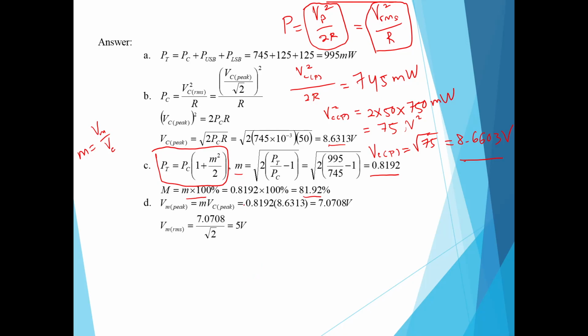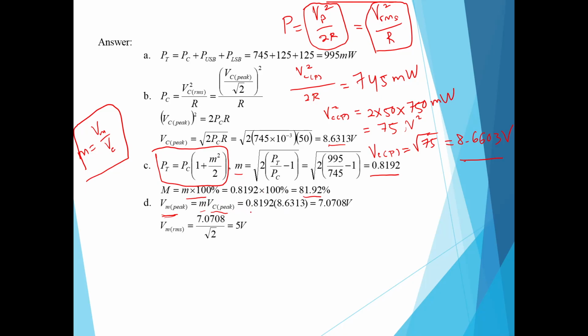Okay, so let's say we try to find the Vm peak based on the modulation index. Modulation index, remember, is Vm over Vc. This is the peak amplitude divided by the peak amplitude. So Vm is equal to m times Vc. We take the Vc peak multiplied by m, and we get the peak voltage of the modulating signal, equal to m Vc peak.